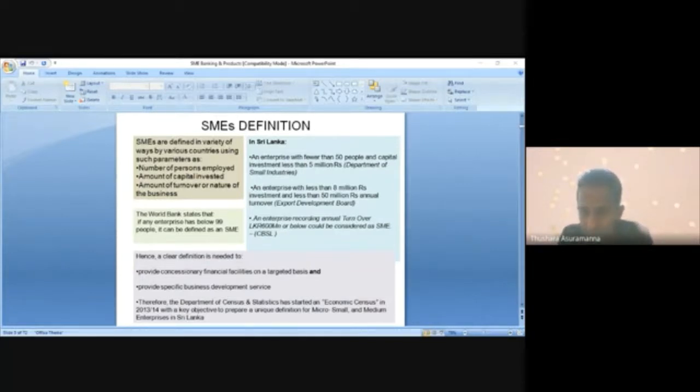To get an exact idea of their behavior, performance, and to focus more, yes, a very good point. Exactly spot on, Nawaz. Because when you say retail customers or consumer lending, it's a different approach. SME segments, a different approach. Microfinancing, a different approach.